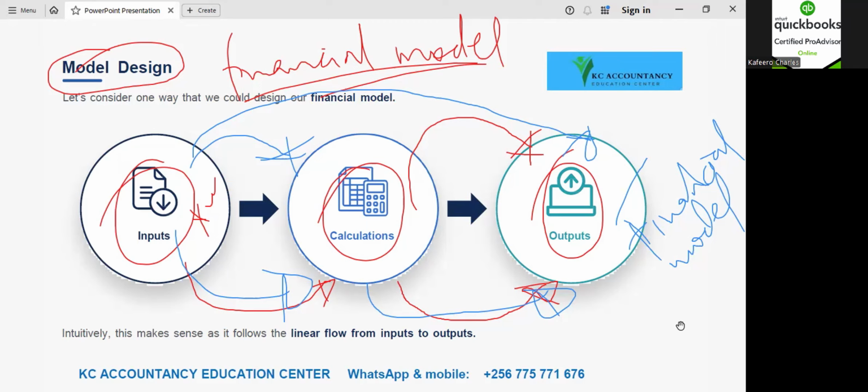But to get to the outputs, we have to go through the different aspects from the inputs. We do some calculations on those inputs, and then we can come to our financial model.